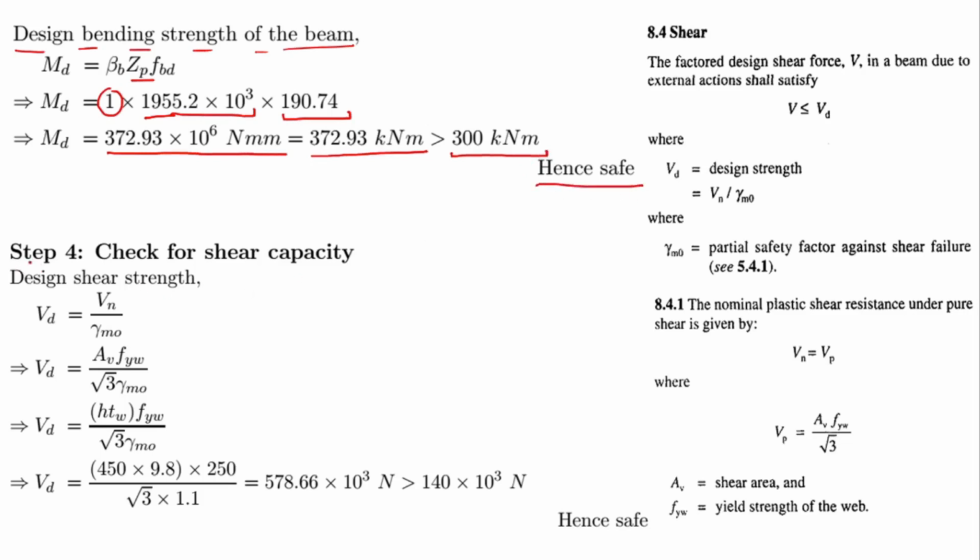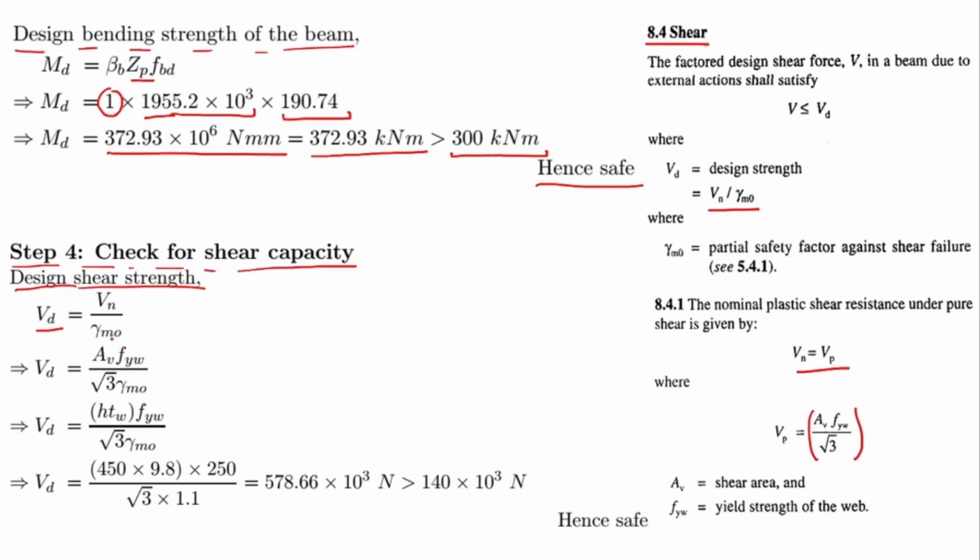Then in step 4 we have to check for shear capacity. For that we have to follow the clause number 8.4 of IS 800. We shall calculate the design shear strength VD. Here VD is equal to Vn by gamma m naught, and again Vn equal to Vp, and Vp equal AV FYW by root 3.